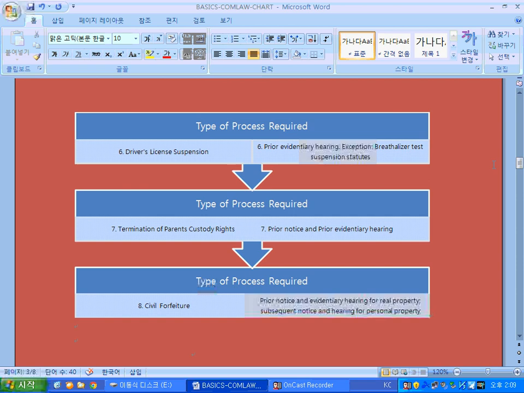Many states have this kind of statute about the breathalyzer test. There would be many alcoholic drivers in the state, and it is critical to counter that kind of dilemma.